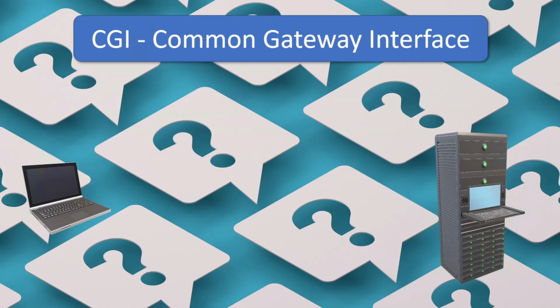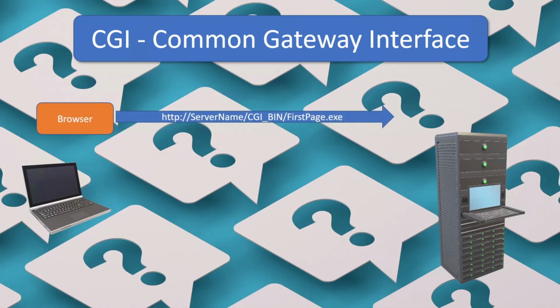So how does CGI actually work? You enter the URL into your browser. This passes the request onto the web server application on the remote server. The web server runs the executable on the remote server. This application does not run all the time, but is started when required.